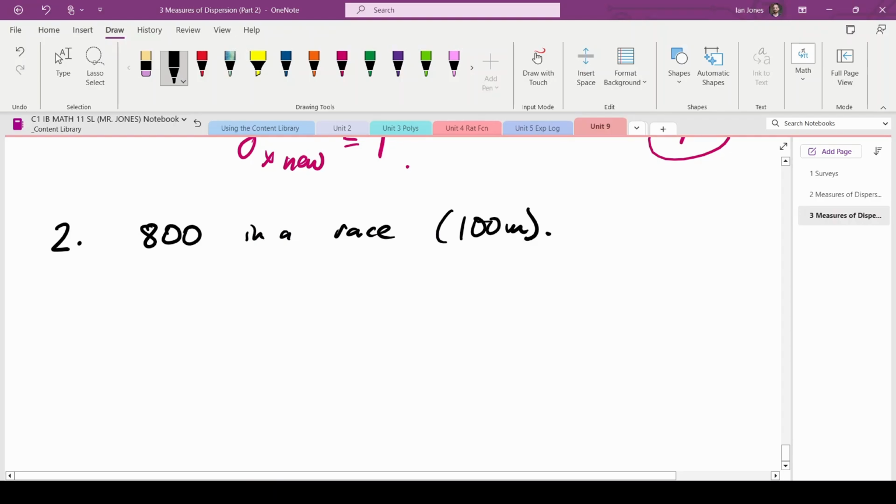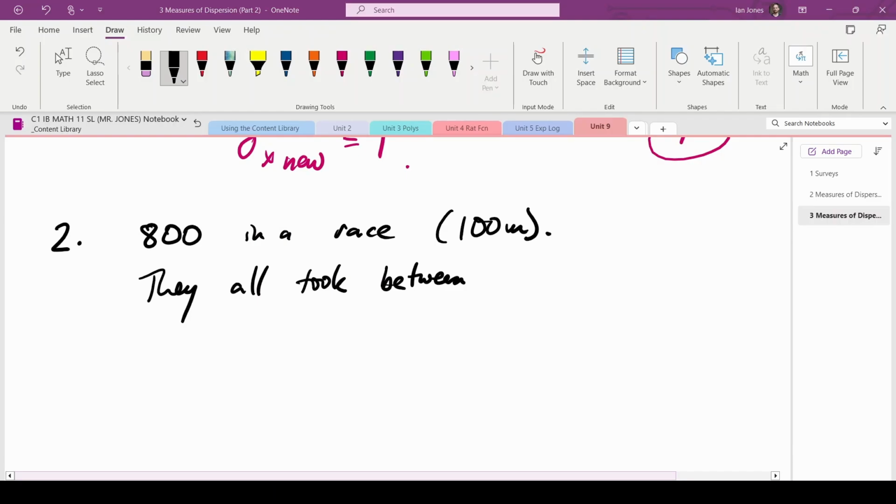And these students all took between 9.56 seconds and 12.61 seconds to complete the race. Okay, so the fastest was 9.56, the slowest was 12.61.